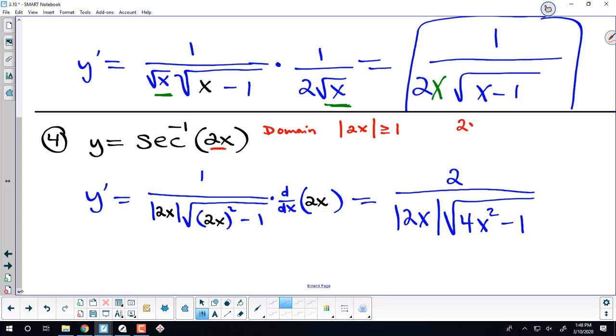That 2x has to be larger than or equal to 1, or 2x is less than or equal to negative 1. Right, that's how you solve an absolute value inequality that's greater than or equal to. Does everybody remember that? Maybe it's been a while.